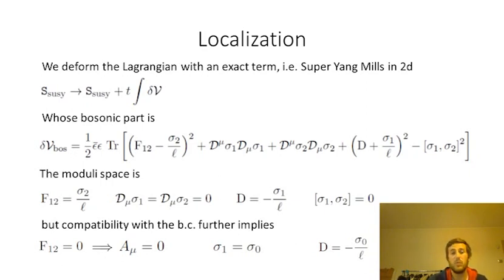But the compatibility with the boundary conditions, in particular the fact that the auxiliary scalar sigma 2 vanishes at the boundary, implies that the field strength F12 is 0, and since the space is simply connected, every flat connection can be gauged to 0, and so the only non-zero moduli space is represented by the constant configurations of the scalar sigma 2.